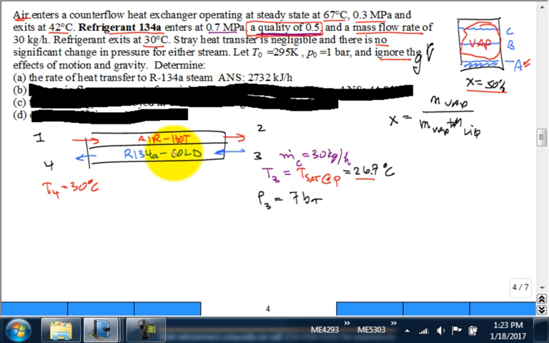That means from the hot into the cold. True? And they want to know what is this Q dot internal to the heat exchanger, which is out of the hot and into the cold fluid stream. The refrigerant is the cold fluid stream. So how do I calculate it? And here's the answer, 2732 kilojoules per hour. How do I calculate that?